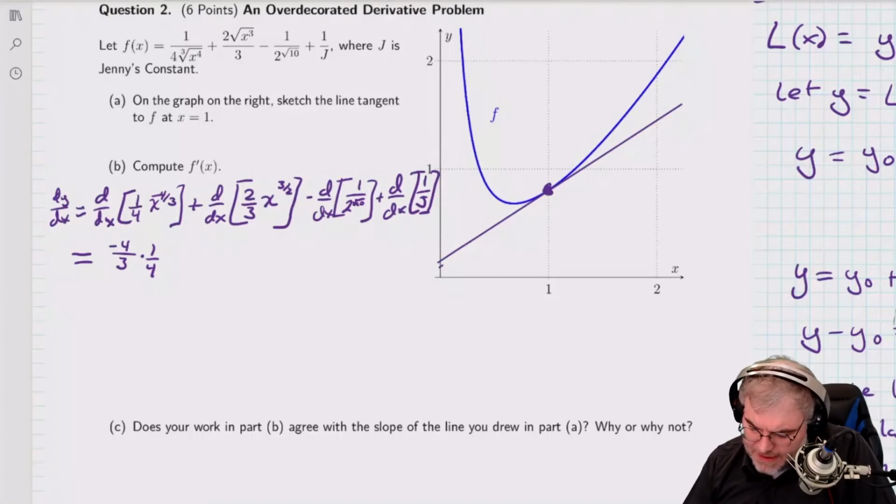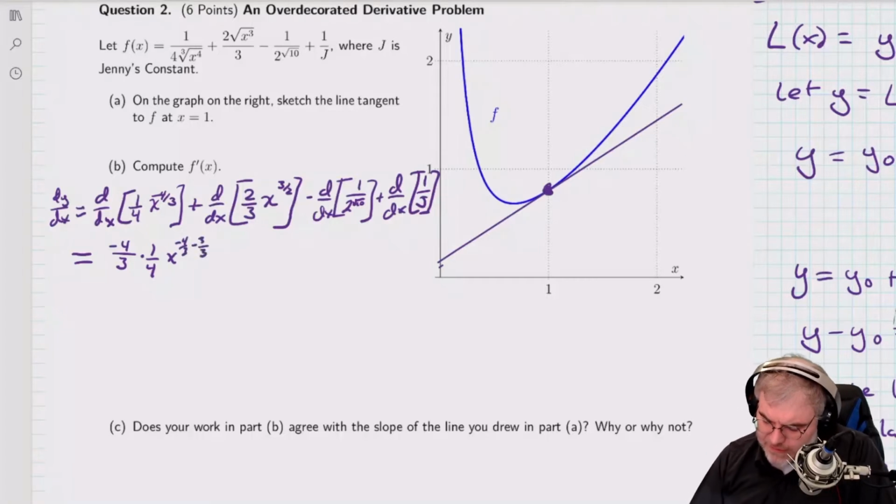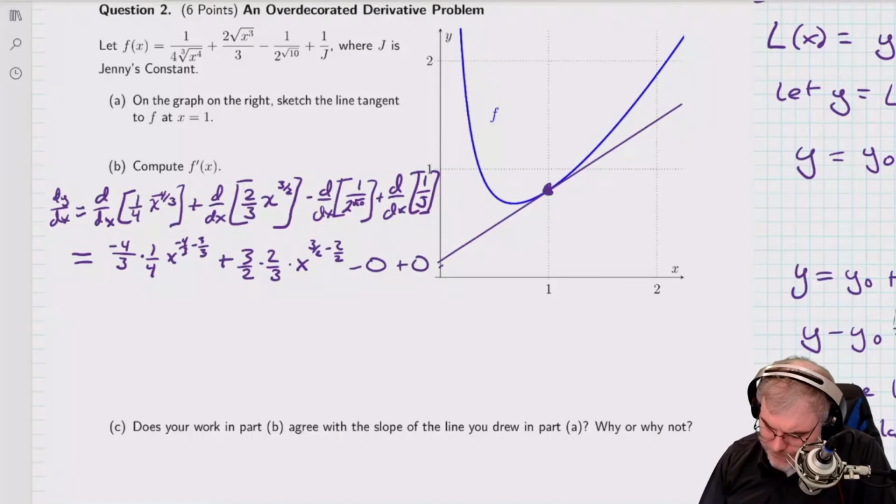All right, x to the -4/3 minus 3/3, plus 3/2 times 2/3 times x to the 3/2 minus 2/2, minus 0 plus 0. Okay.